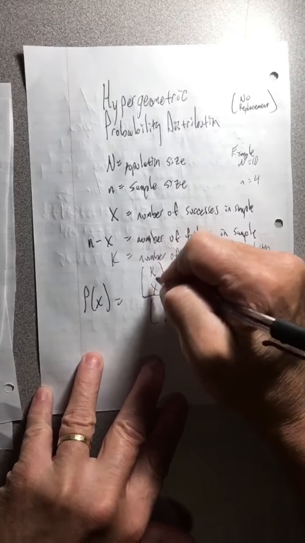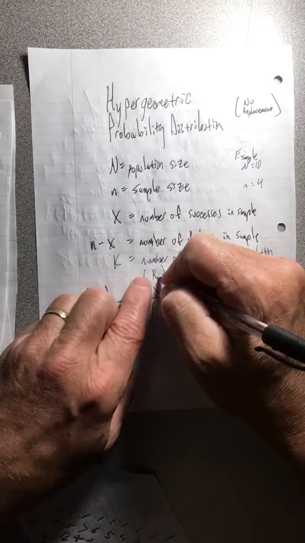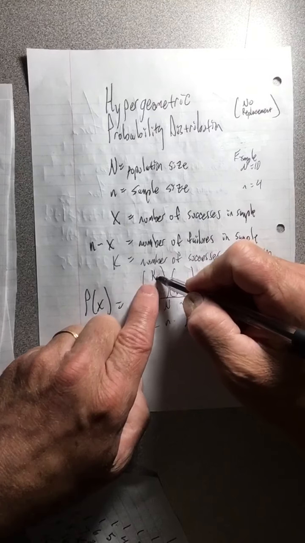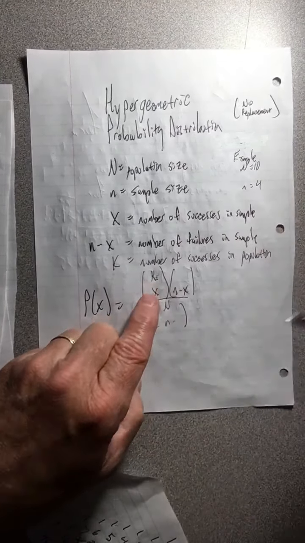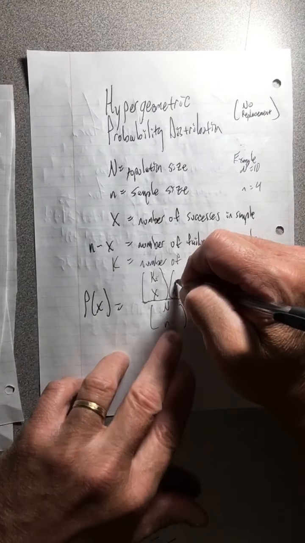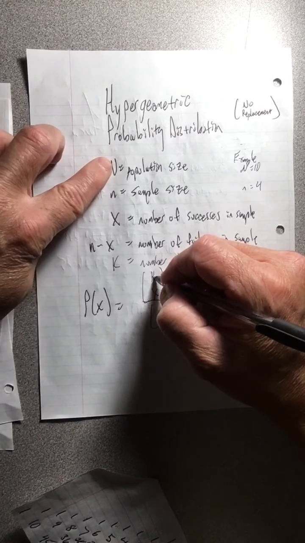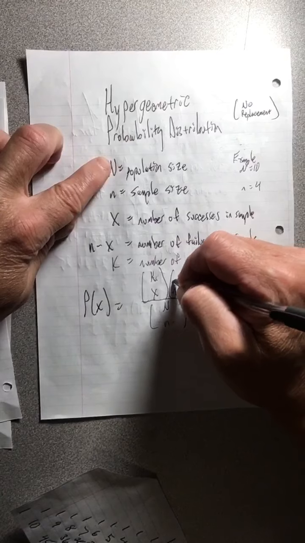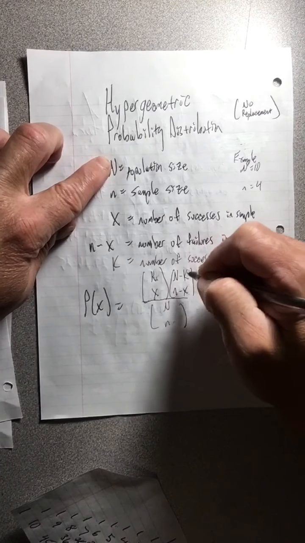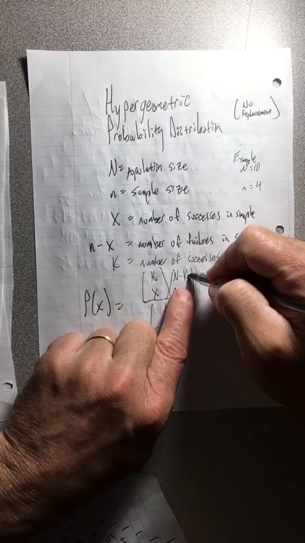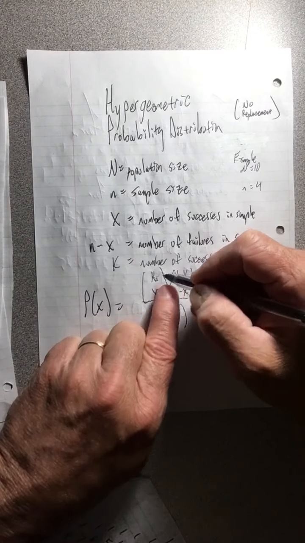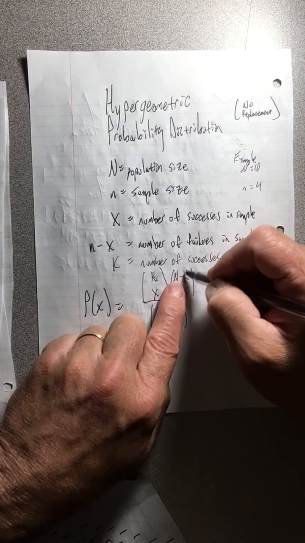So I'm going to have x choose k from k, x successes from the k successes in the population. That makes more sense. And then what is this? Well, if there's k successes in the population and there's a total of n in the population, then it's n minus k goes here, because that will be the number of failures. So when this was 10 and this was 4, 10 minus 4 gave me 6, okay?